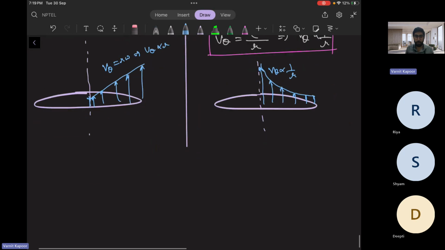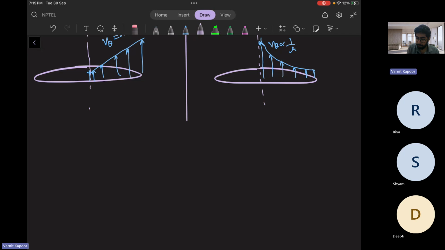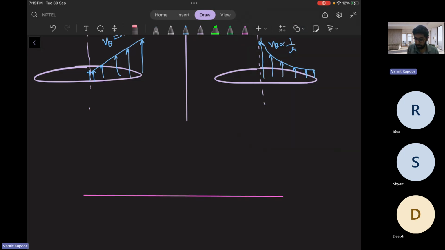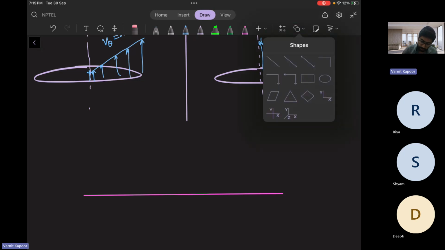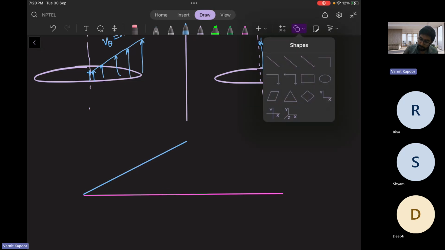So I can draw a diagram for it. That is for my plate scenario. This is my plate. I can make this till here.